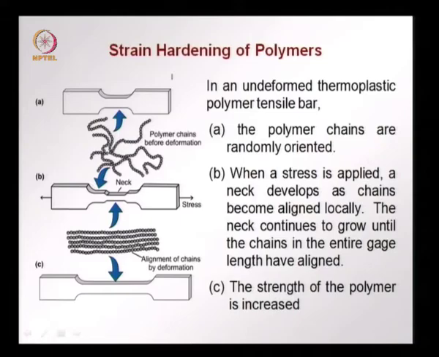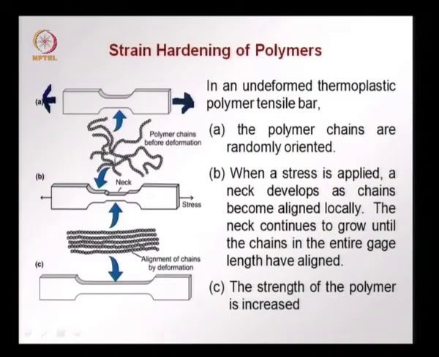This would have long chains entangled, and if we take a coupon made out of this, the dog bone specimen that I mentioned earlier, imagine that we apply a tensile force here, we are going to pull on this, and failure is going to occur here because this is where we have a reduced section, and in this section if we were to look very close, we would see the polymer chains all entangled, long polymer chains, say in a linear polymer.